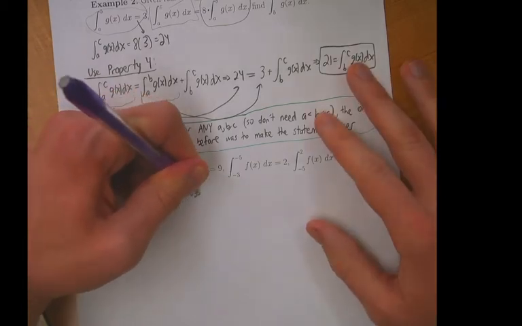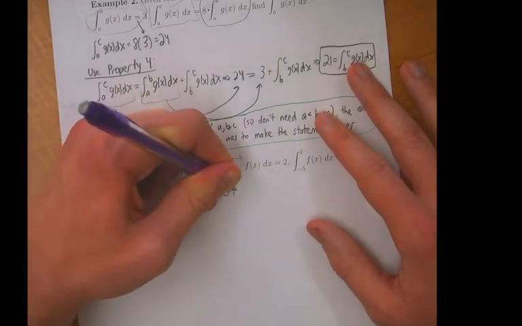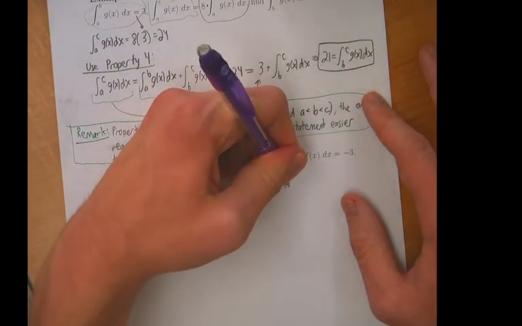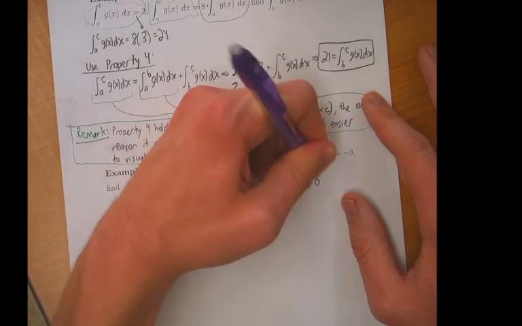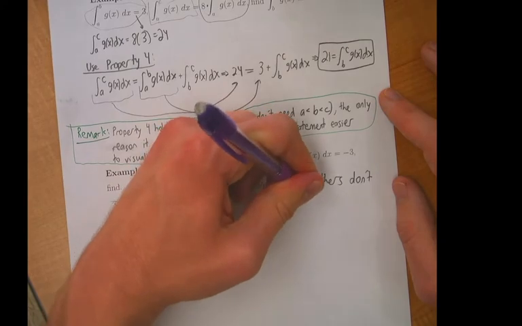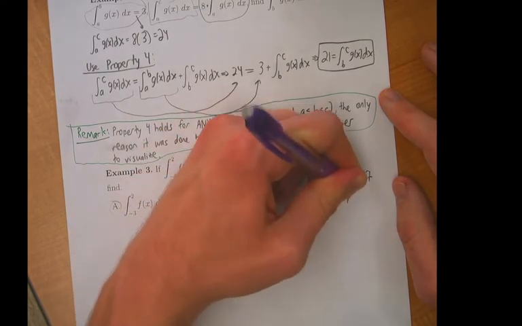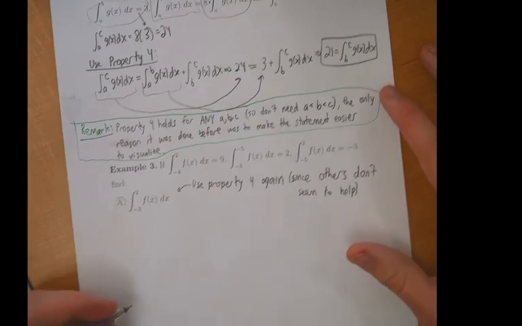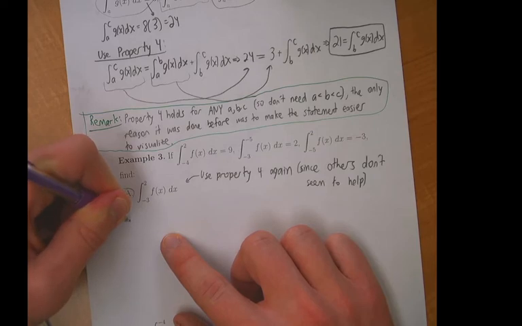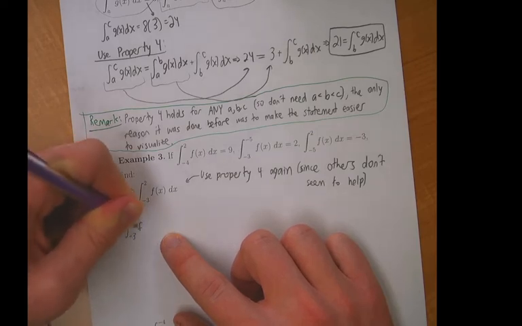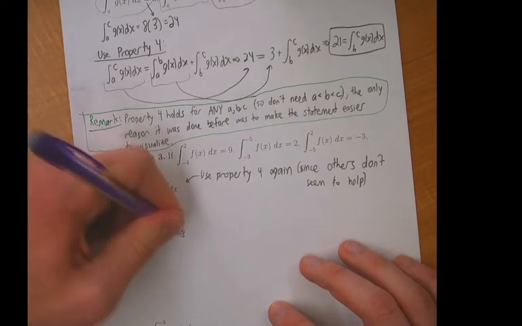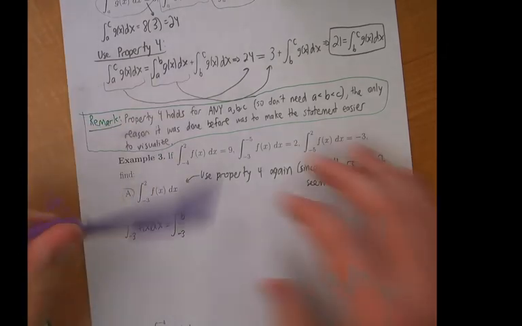So use property 4 again, since the others don't seem to help. Okay. So in this case, if we do that, we have the integral from -3 to 2 of f of x dx is the integral from -3 to some value b, which we'll figure out later.